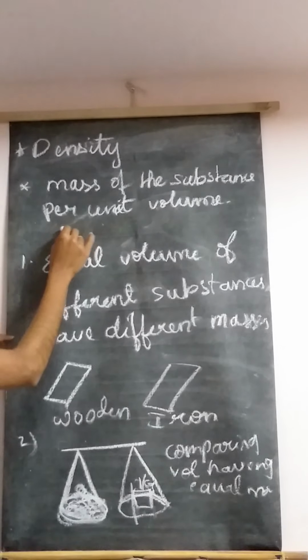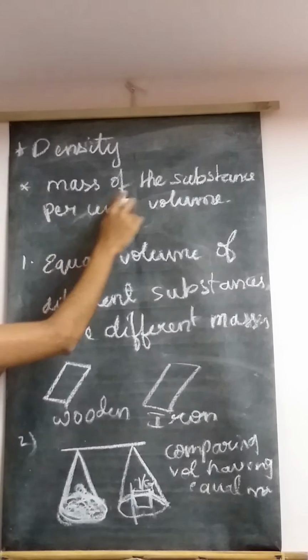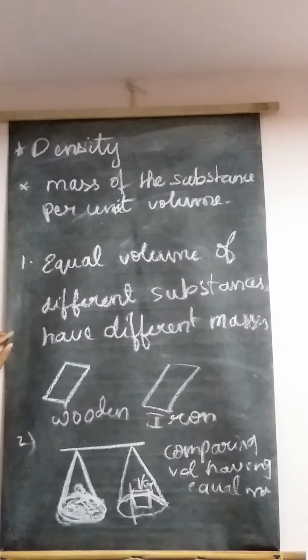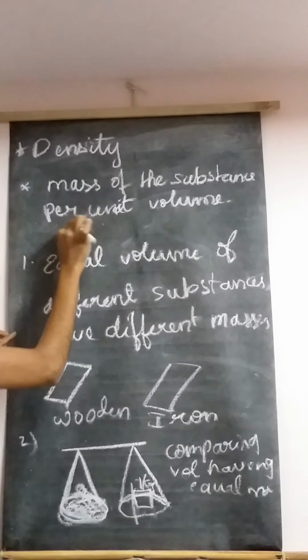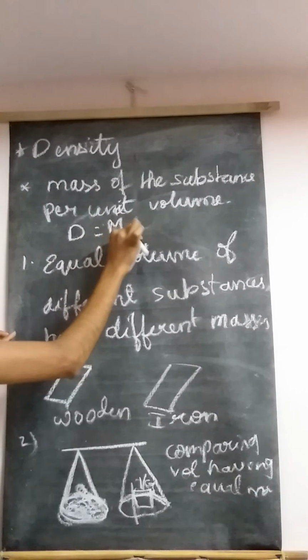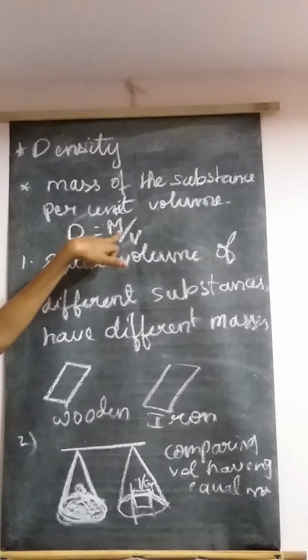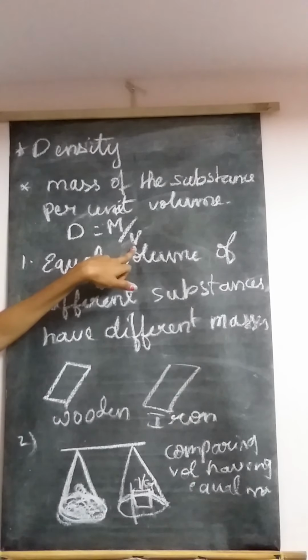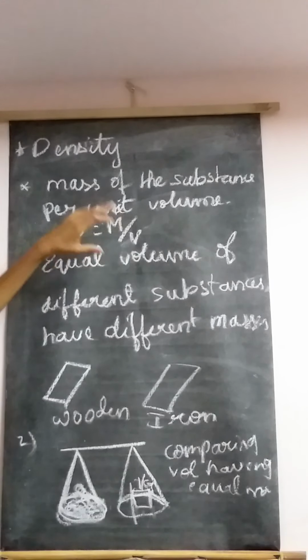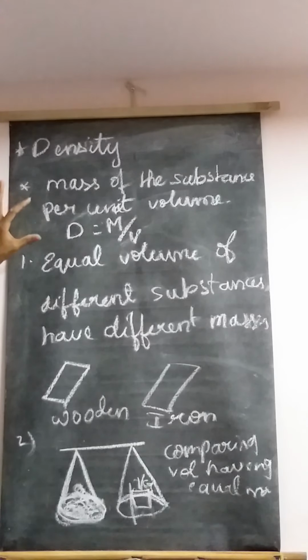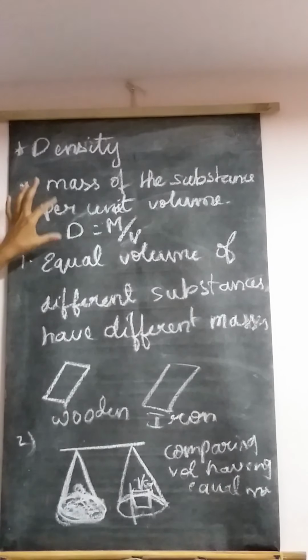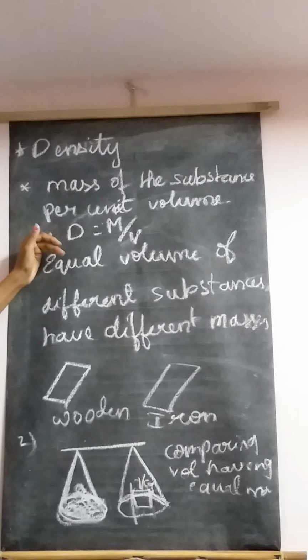Let me write the formula of density. As you know, mass of the substance per unit volume is density. Now D equals M by V, where D stands for density, capital M for mass and V for volume. This is the formula for density. How do we write the unit here?